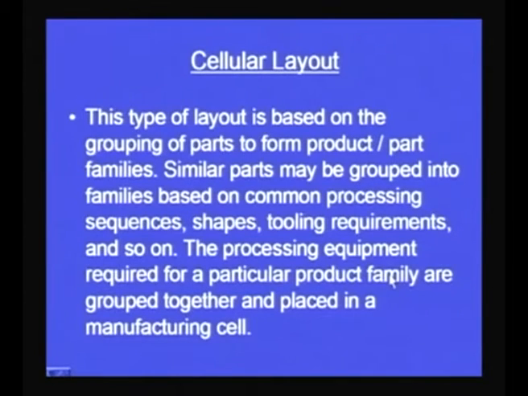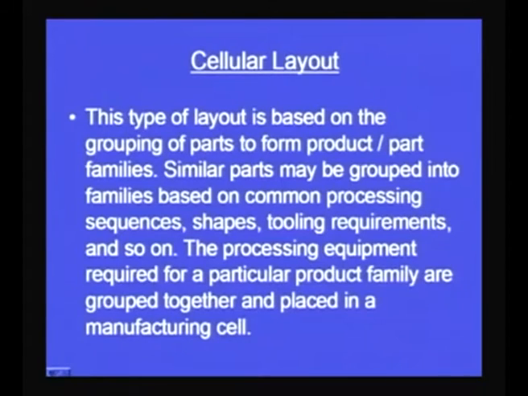Now we come on to another important subject, that is the kind of layouts that we are going to use. Just to briefly summarize what we have already covered in types of layouts, there are 3 important types of layouts that exist in any manufacturing plant. What are these 3 types of layouts?